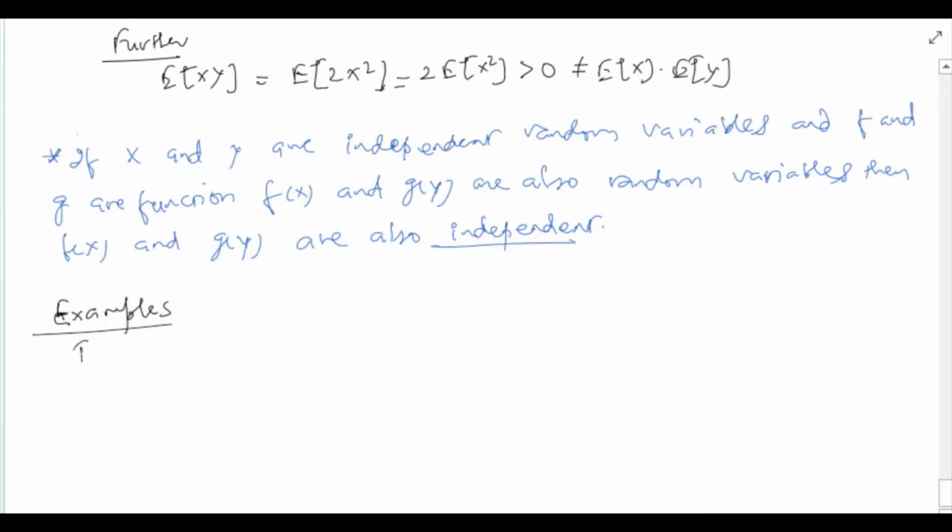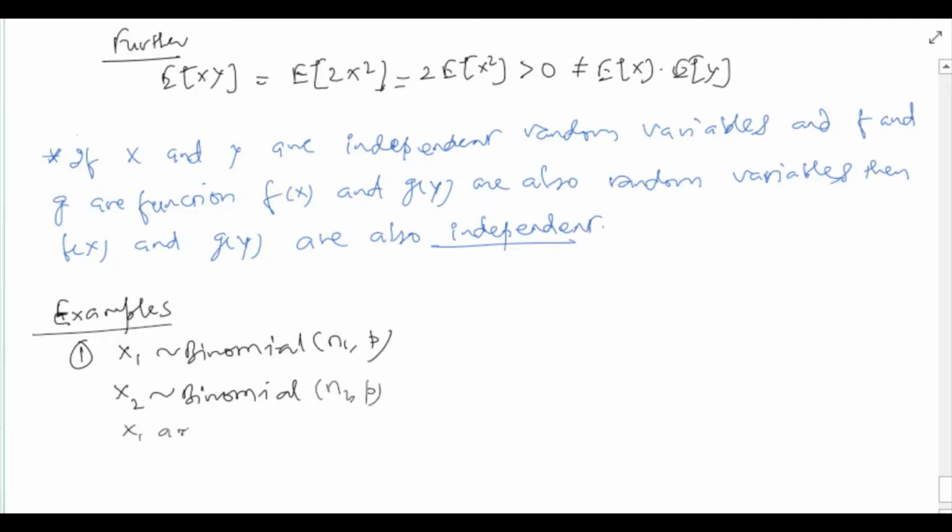As the first example, let us assume that x1 and x2 are two independent binomial random variables. x1 is binomial with parameters n1 and p, and x2 is binomial with parameters n2 and p. x1 and x2 are independent.